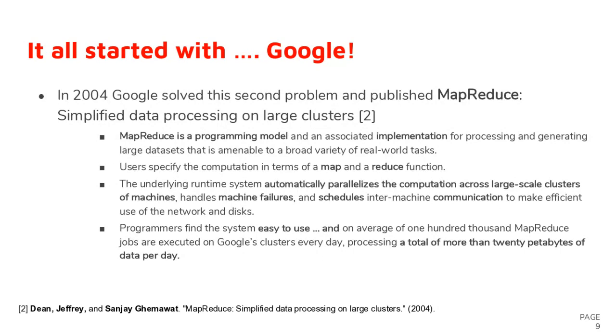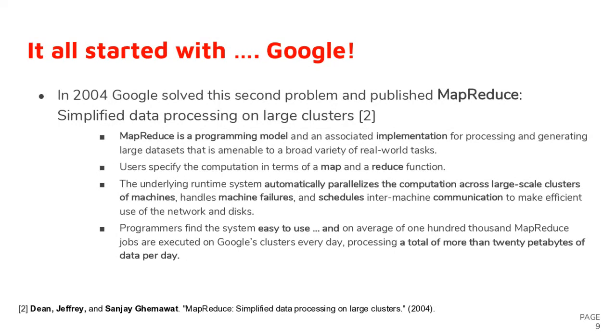Programmers find the MapReduce programming language easy to use, and using MapReduce, Google processes a total of more than 20 petabytes of data every day. 20 petabytes means 20,000 gigabytes. That's really a large amount of data.